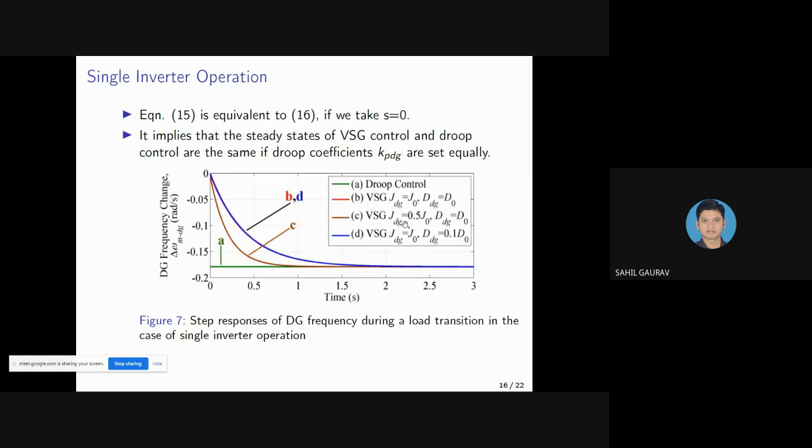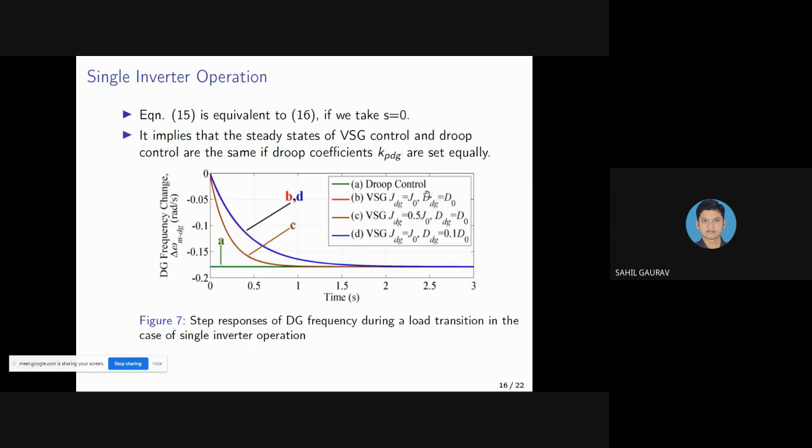So you can see that C has less inertia than B and D, and B and D have large inertia because there is no steep change there. This indicates that the larger the angular moment of inertia, the slower the frequency change. So here you can conclude this second point.